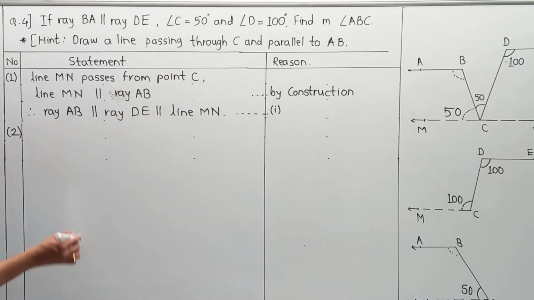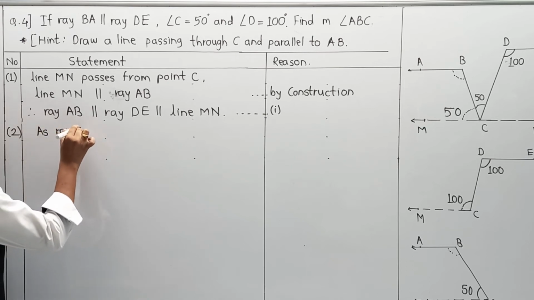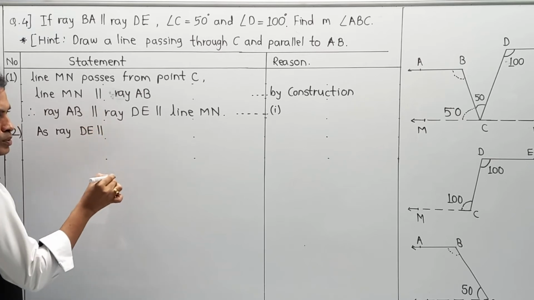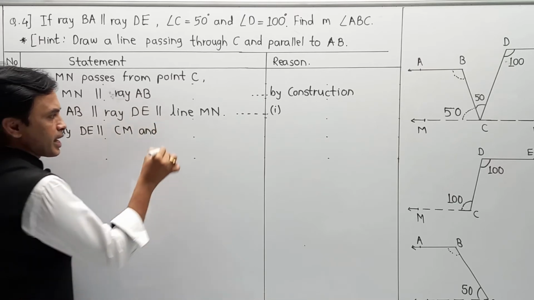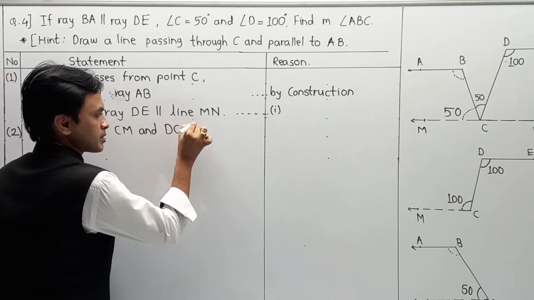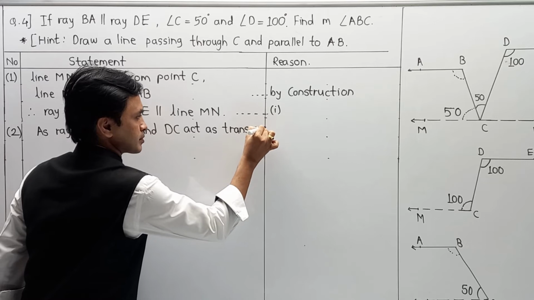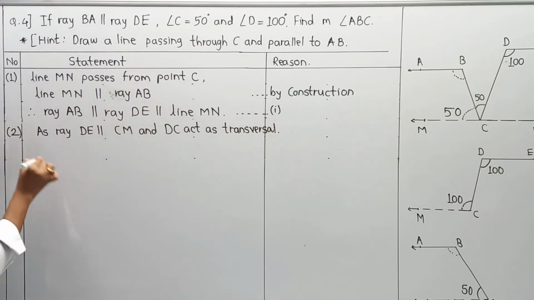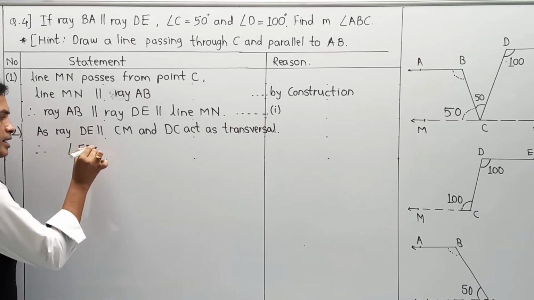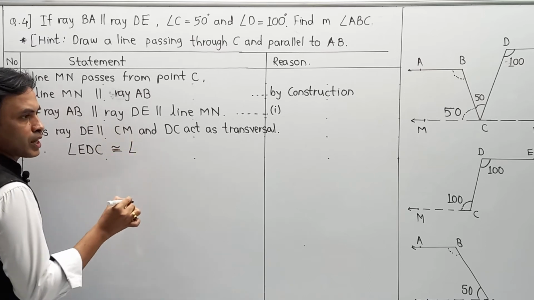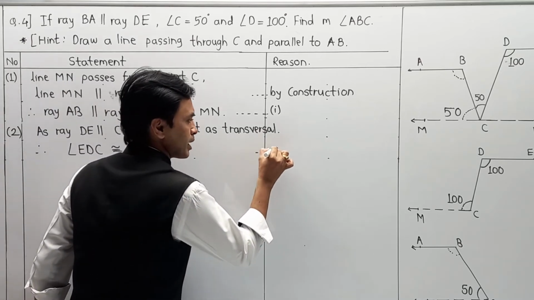So the part is, as ray DE is parallel to CM and DC acts as a transversal, therefore angle EDC is congruent to angle DCM, and the reason is alternate angles.